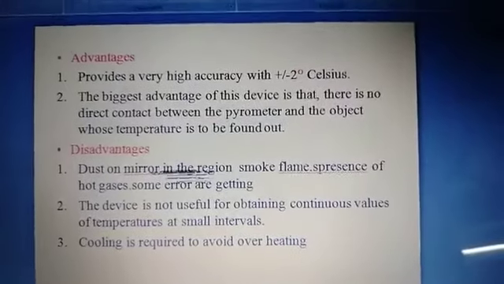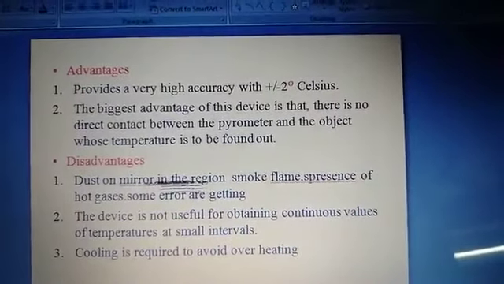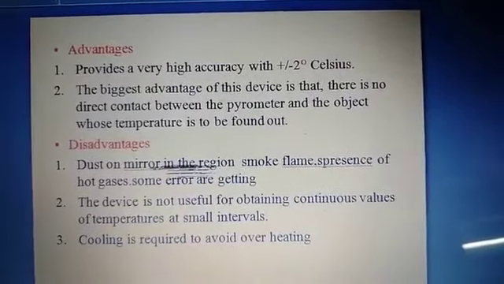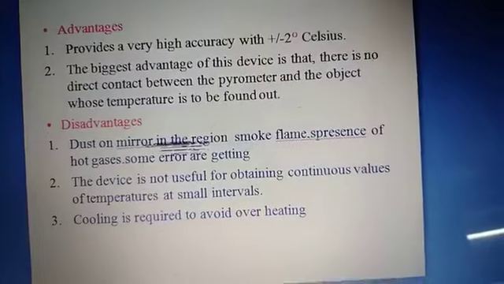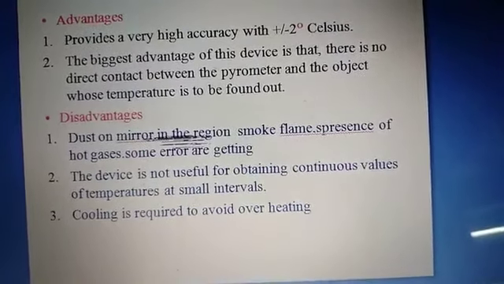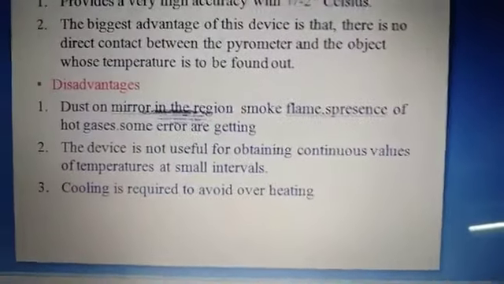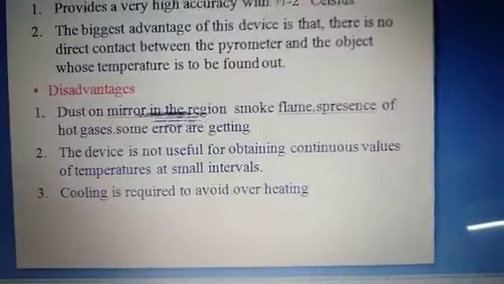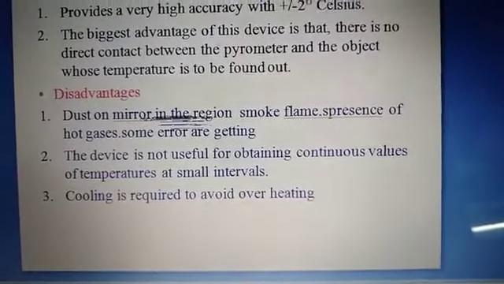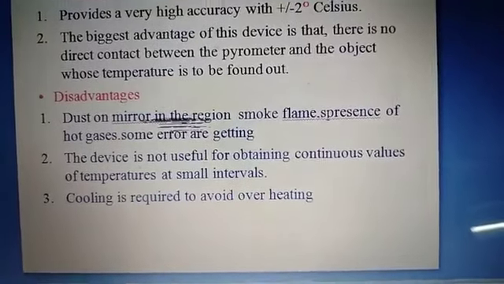The advantage of pyrometers is that they provide high accuracy, within plus or minus 2%. The biggest advantage is that there is no contact between the pyrometer and the object whose temperature is to be found. The main disadvantages are that dust on the mirror, smoke, flames in the heat zone and the presence of hot gases cause some errors.